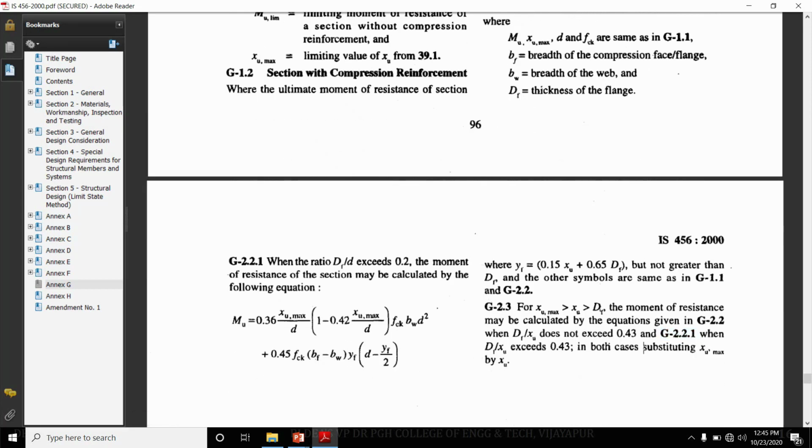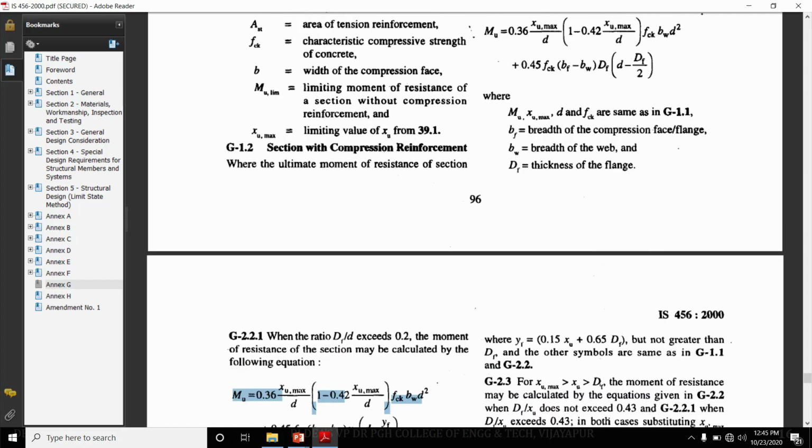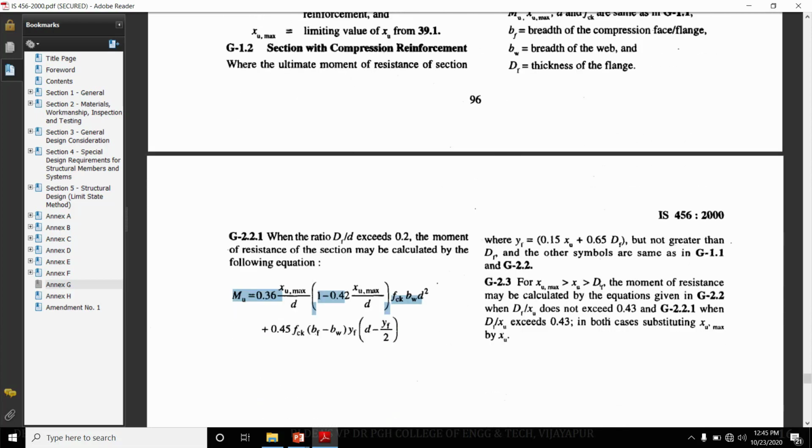When it is less than 0.43, this is the equation we have. And when it exceeds 3 by 7, which is nothing but 0.43 itself, we are going to use equation 2.2.1. This is the equation. This equation and this equation we are going to use.